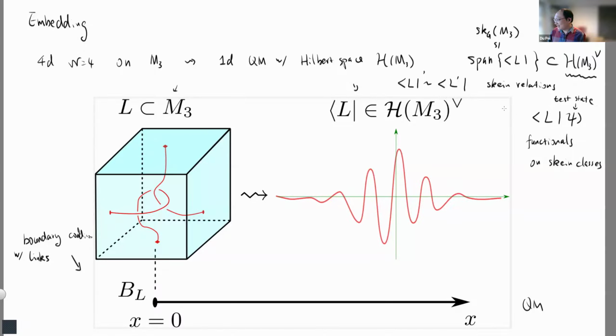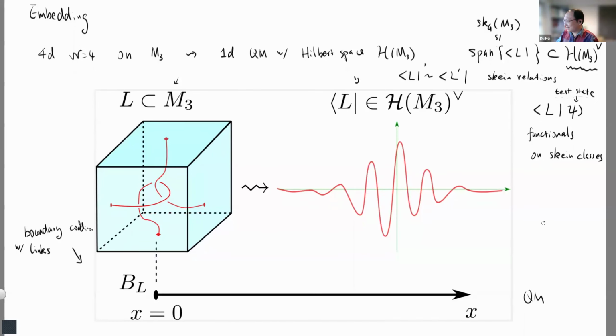And it will be guaranteed to be the same on the same skein class. So this is a functional on skein classes. And if it indeed separates skein classes, then one just needs to come up with enough test states that are linearly independent. And the number of such test states would then give rise to the dimension of the skein module.